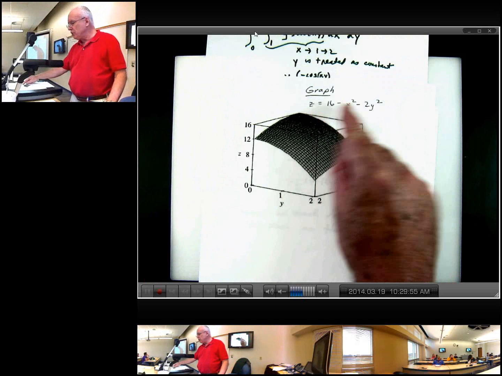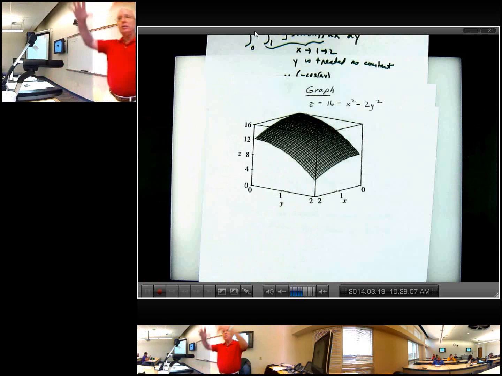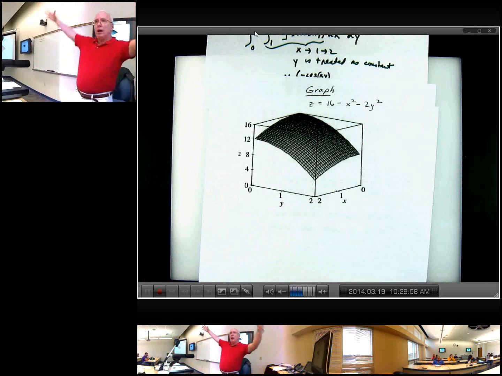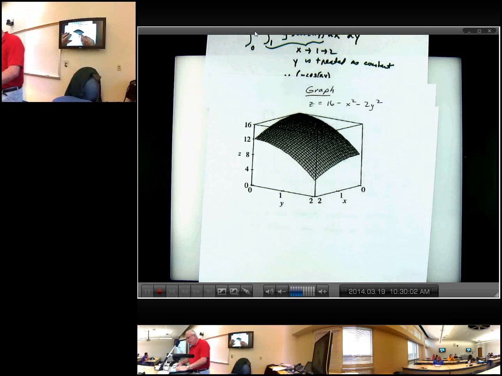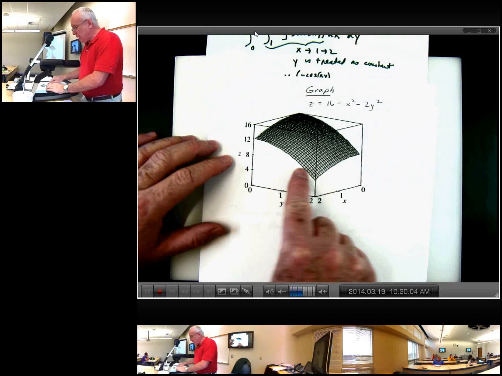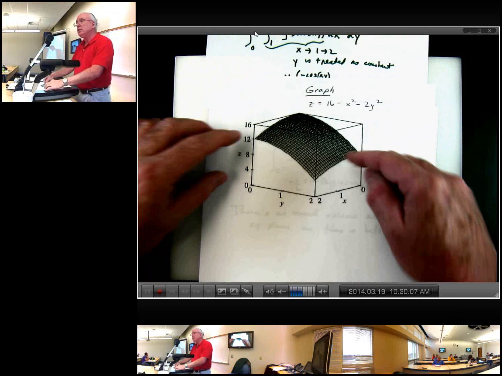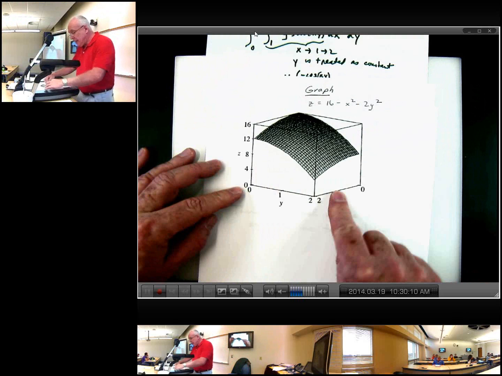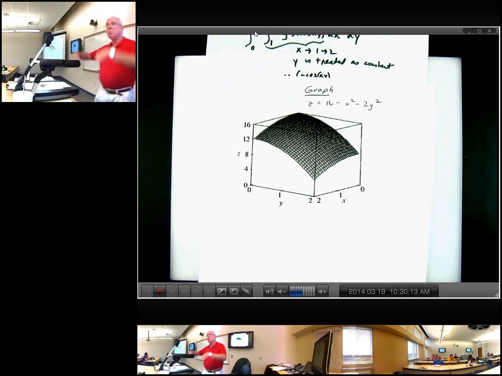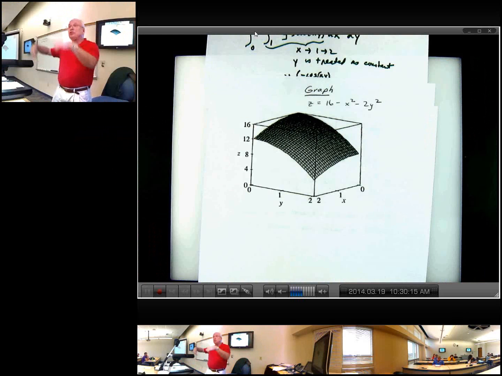Here's our function of x and y. And remember, a lot of times these things are floating around, right, like big carpets and things like that. And basically, we have our xy plane here. This integral, when we integrate over this xy plane, gives us all the volume that is captured underneath that flying surface there. Okay? So it gives us a volume.